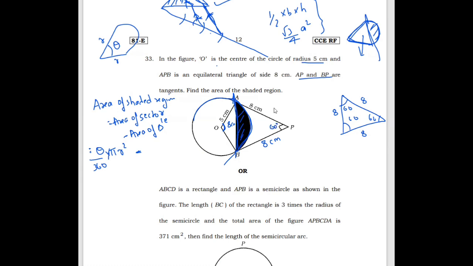It will be 120 degrees, right? Otherwise also, if you observe closely, the tangent and the radius are at 90 degrees. 60 degrees is gone in this shaded area. Remaining is 30 and 30. And this is a triangle, so 180 minus 30, 30 gone, it should be 120. Otherwise, very simple: if it is 60 here, it is 120. Therefore, theta is 120 degrees.